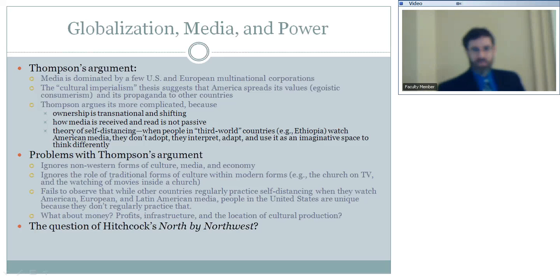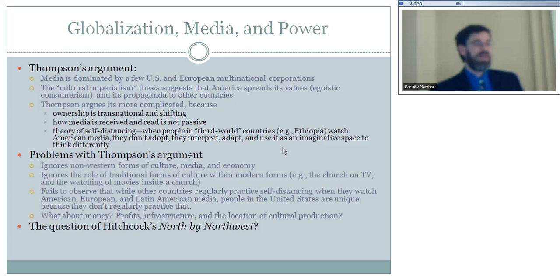Now, I personally have some problems with Thompson's argument. For one, he doesn't pay attention to the non-Western forms of culture, media, and economy that are pretty important. So I think we need to think about that. He also ignores the role of traditional forms of culture within the modern forms. He only focuses on modern forms of culture: newspapers, radio, television, movies.